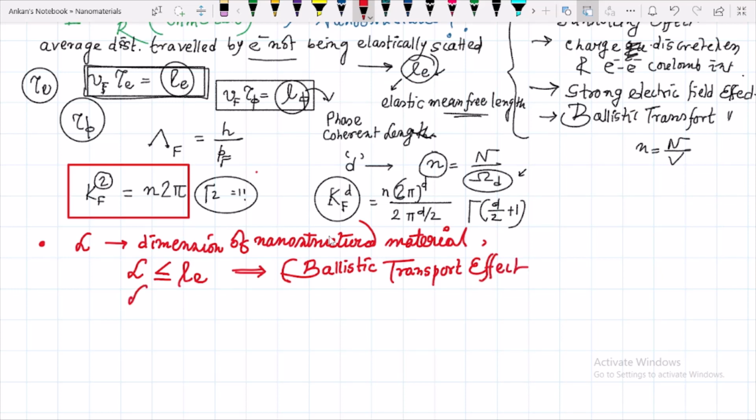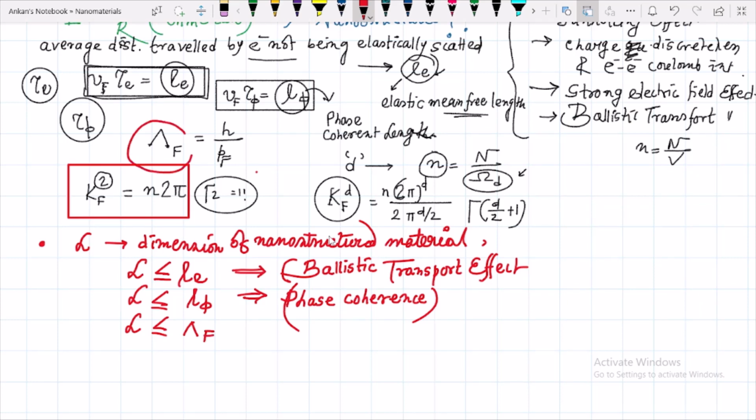Next, if the dimension of the nanostructured material is less than the phase coherence length, then it will show the phase coherence effect. The next one: if the dimension L is less than the Fermi wavelength associated with the electron, then this will give you the size quantization effect.